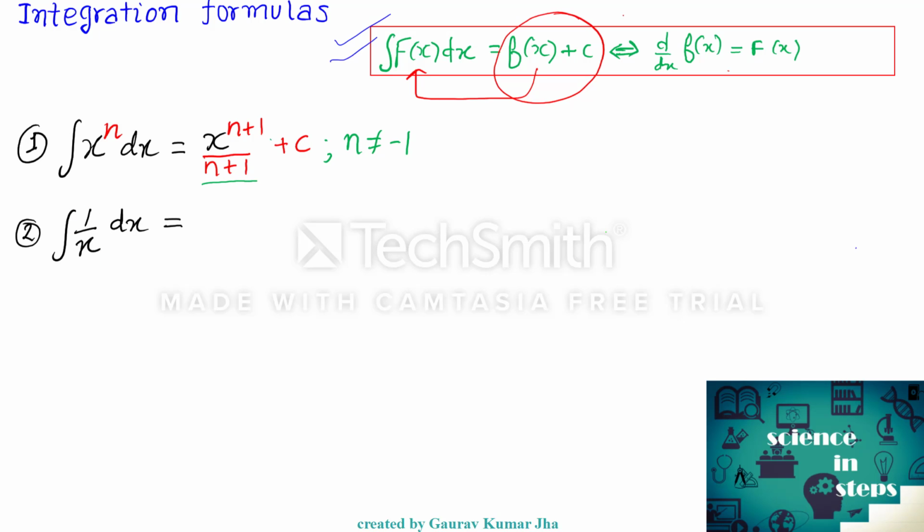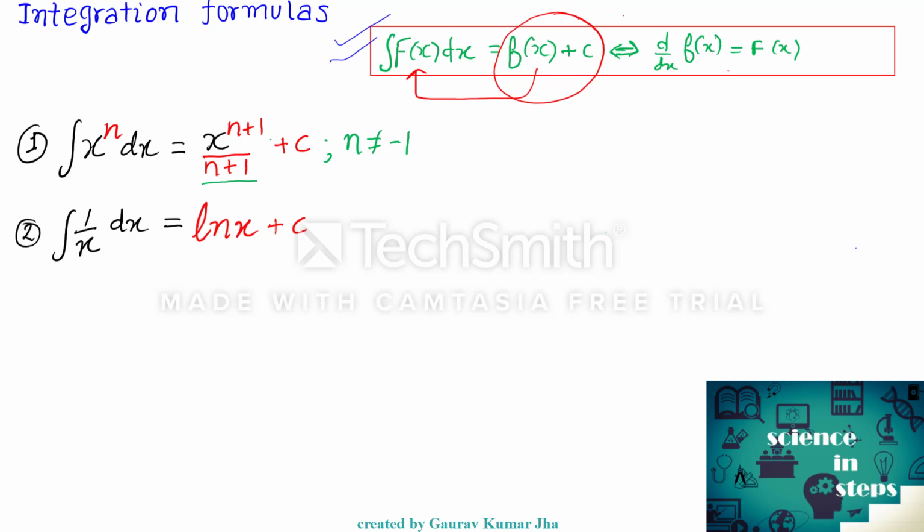So what function when differentiated gives 1 by x? The answer is ln x plus some arbitrary constant. So when n is equal to minus 1 in the first formula, we have the second formula: the integration of 1 by x dx is actually ln x.